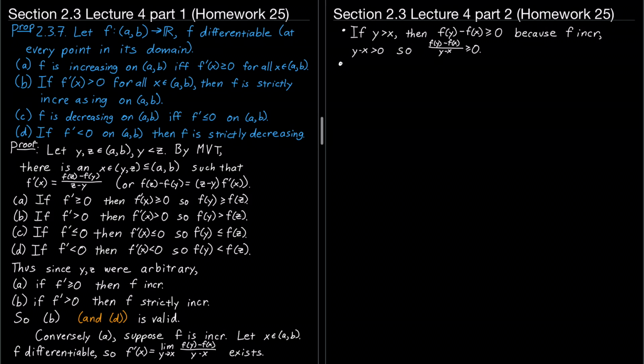And conversely, if y is less than x, then y minus x is less than 0, and f of y minus f of x is less than or equal to 0, because x is bigger than y, so f of x is bigger than f of y, because, again, f is increasing. So again, we've got f of y minus f of x over y minus x greater than or equal to 0.